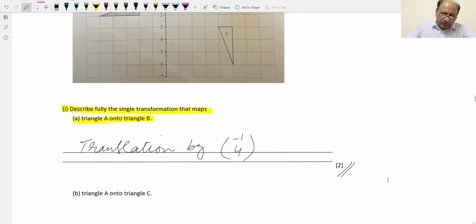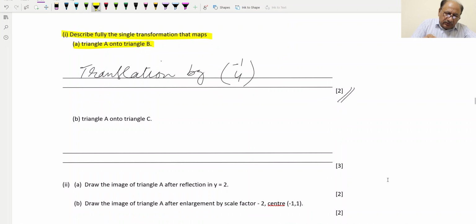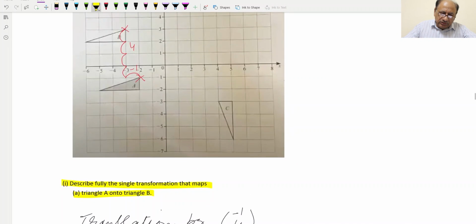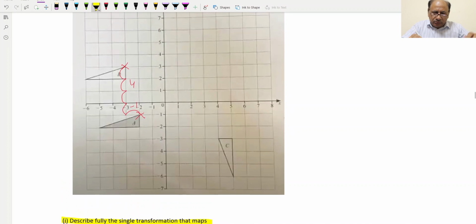Now for B part, it says triangle A onto C. If we check A onto C, what is this? This is 2 and 1. Okay, so we can check this.